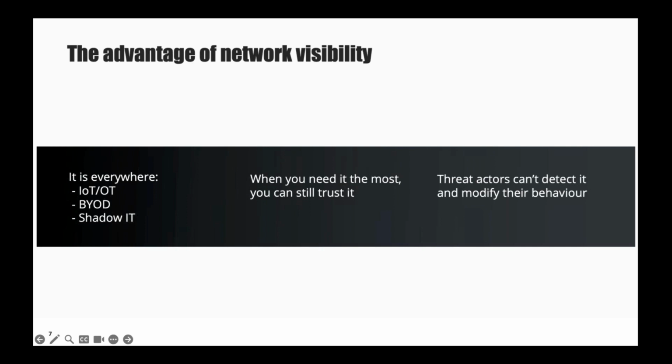And it may have been old in the first place, or not up to the highest security specifications. And this is where it's really interesting to see that everything touches the network in some sense. And everything will communicate in one way or another. And that's where you'll be able to get a perspective and visibility into things that might otherwise be dark spots. IoT and OT are really interesting things here.